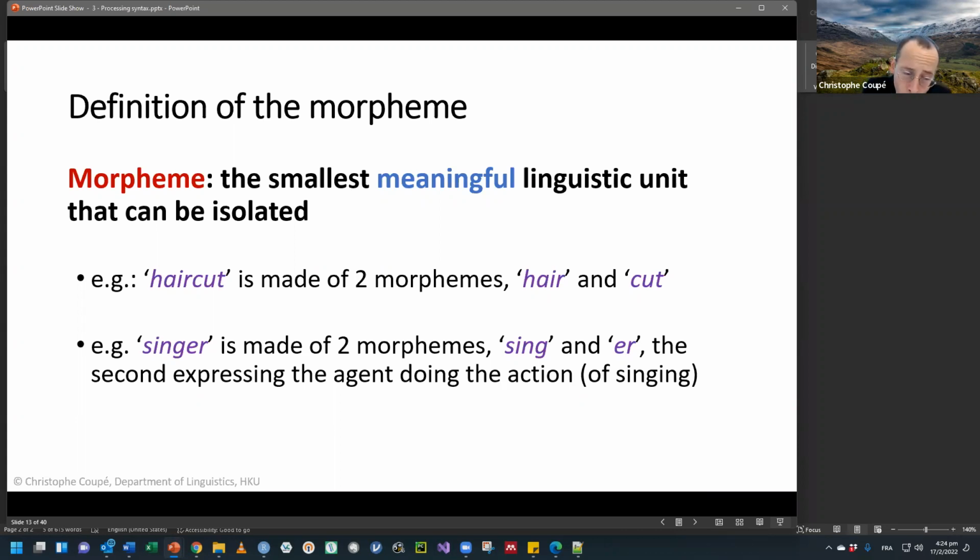So you have two morphemes once again. Sing, singer. Clean, cleaner. To dwell, dweller, etc. And sing, you cannot cut it into smaller parts either. So you can see this is an idea of what a morpheme is.